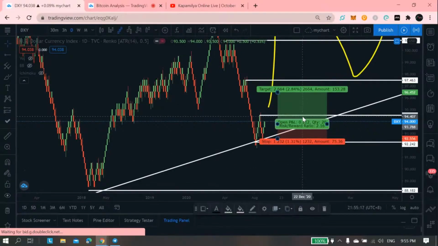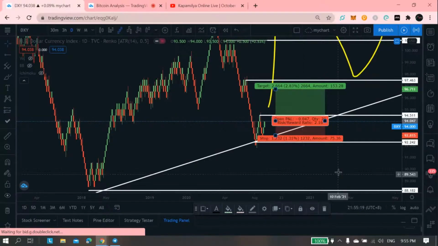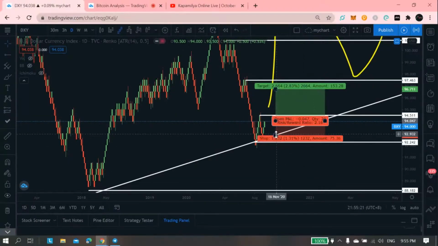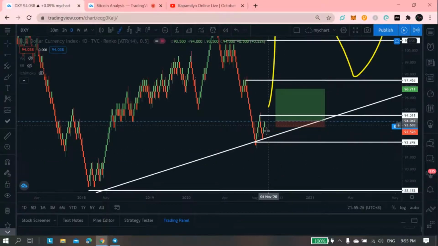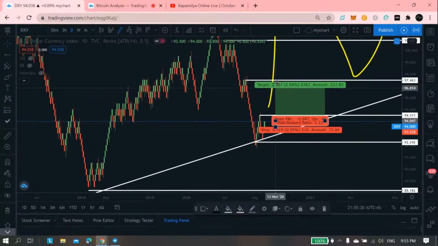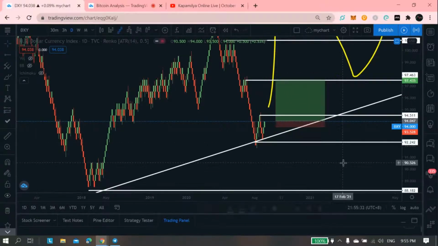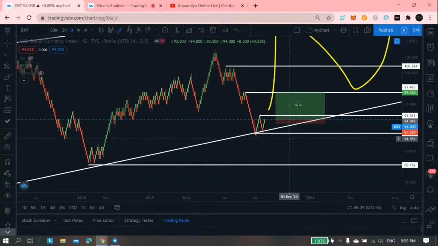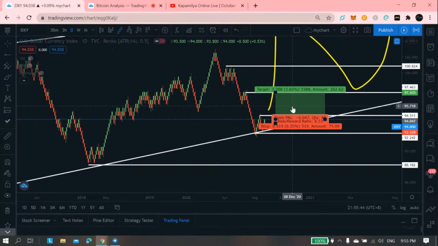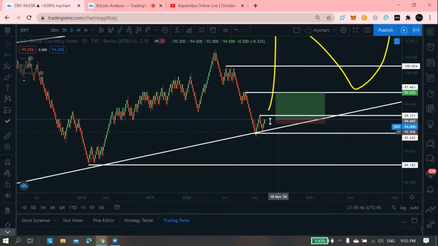I will enter at this area around that, and then for my stop loss, I will use the immediate low of this Renko chart. If my long position is successful, I normally adjust the stop loss as the trend goes higher and higher.